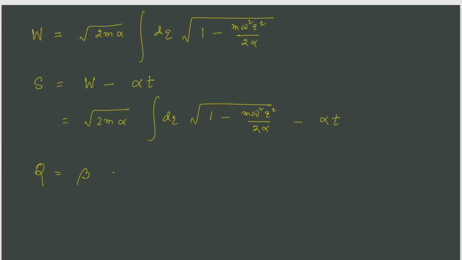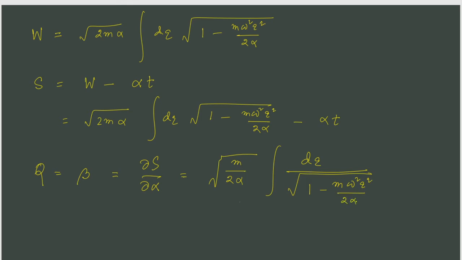So this would be equal to the derivative with respect to alpha, of course, and that gives us what? It gives us this. I just jumped one or two steps, so you can easily pause this video and check whether it's correct or not.